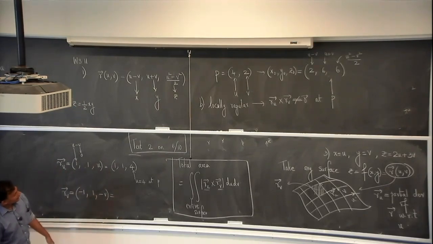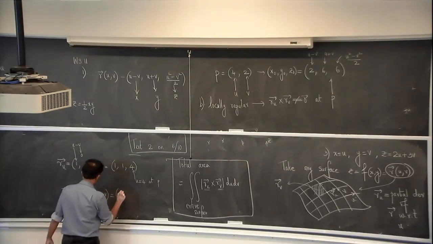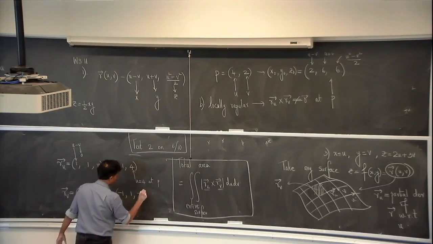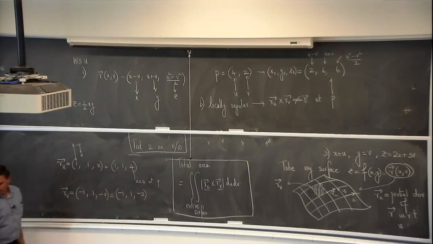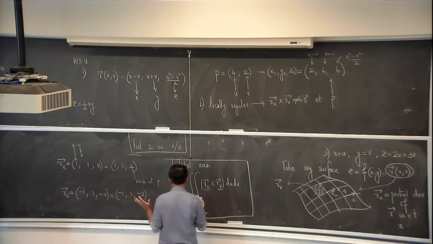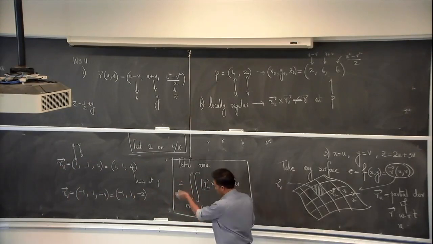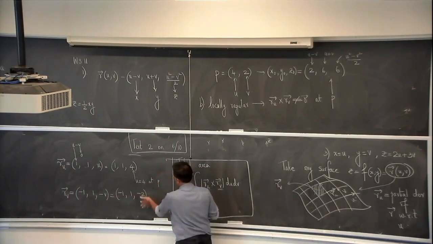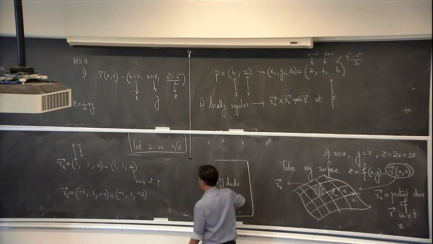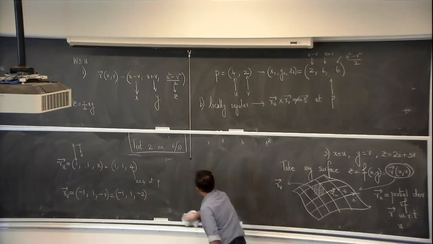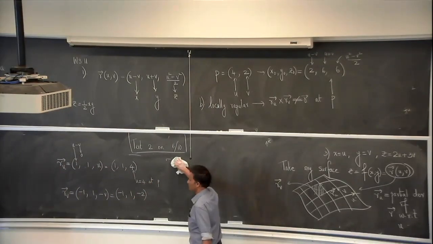And when you plug in v equal to 2, you get negative 1, 1, negative 2. The question is, are these two vectors parallel? When you say that the cross product is not equal to 0, they are not parallel vectors. So they don't look parallel to me. One is not a multiple of the other, but finding the cross product would double confirm that fact.